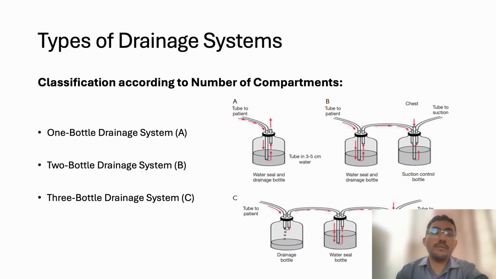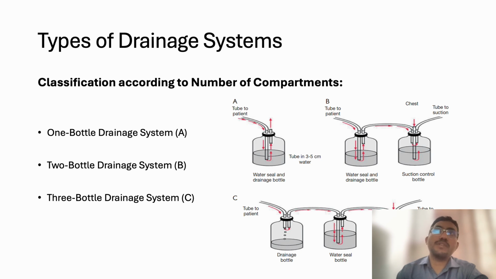So in a one bottle drainage system, the same bottle is used both to drain the fluid and to maintain the valve, that is, to maintain the water fluid level, and if required, to maintain a negative pressure.